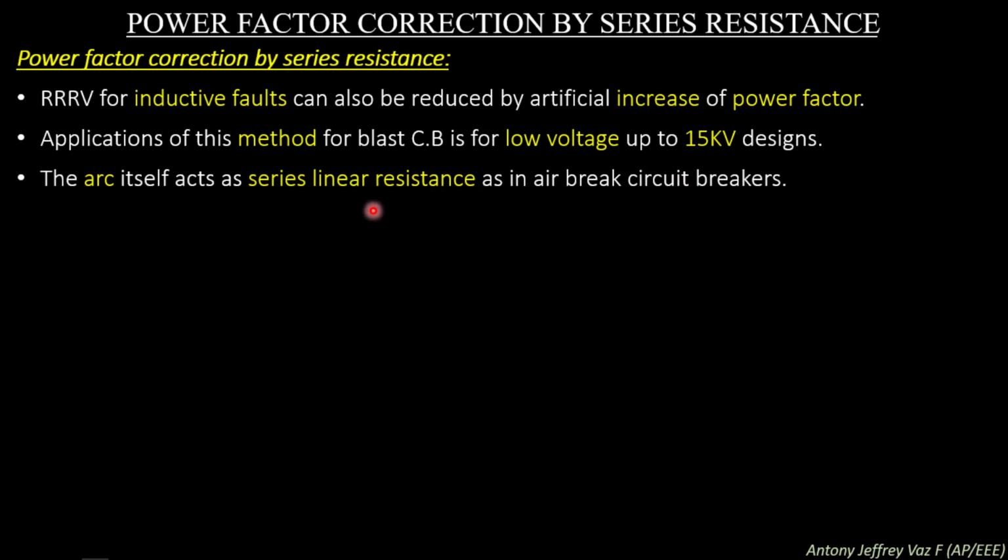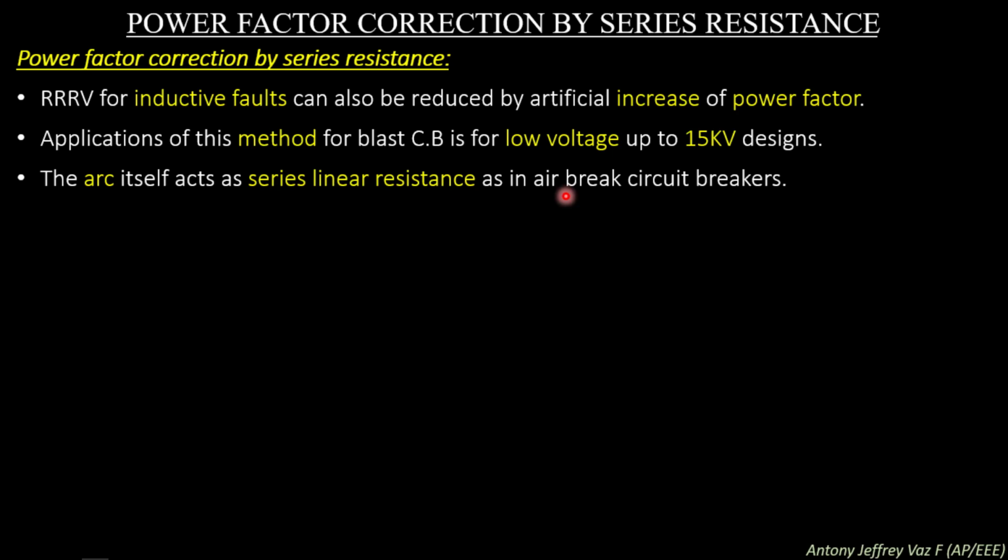The arc itself acts as a series linear resistance, as in air brake circuit breakers, since when a short circuit current is interrupted, an arc will be produced, and this arc consists of a resistance, and this resistance will act as a series linear resistance. It is used in air brake circuit breakers to control the rate of rise of restriking voltage.